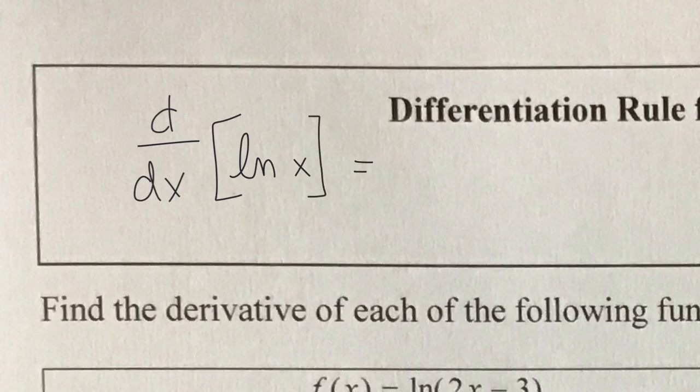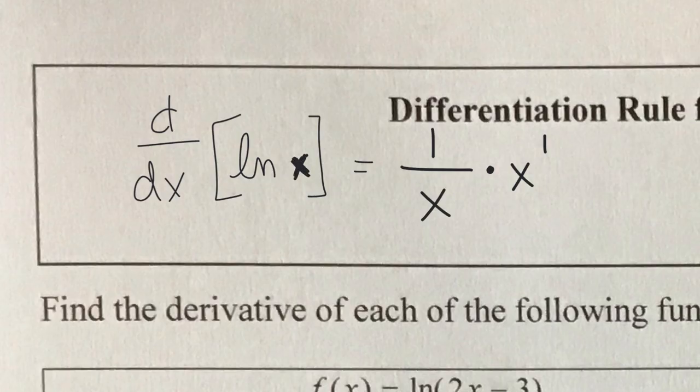So I try to always write my natural logs in cursive so that I don't confuse ln with 1n and absolute value n1, right? All kinds of crazy things. So natural log of x is, drum roll please, no, it's not itself. Nope, it's actually 1 over x, and of course times the derivative of whatever your argument happens to be.